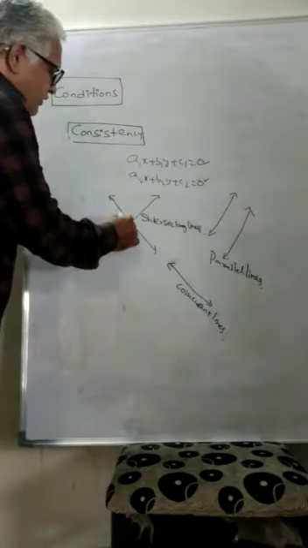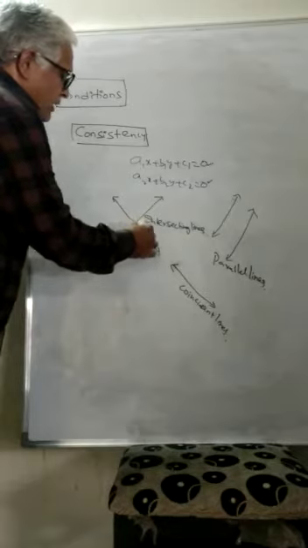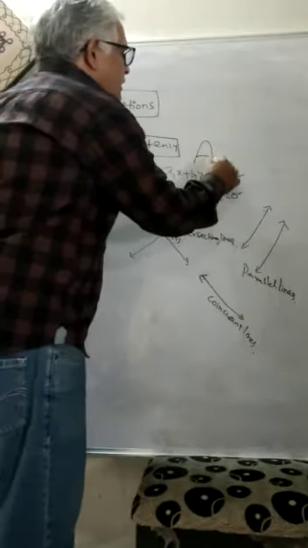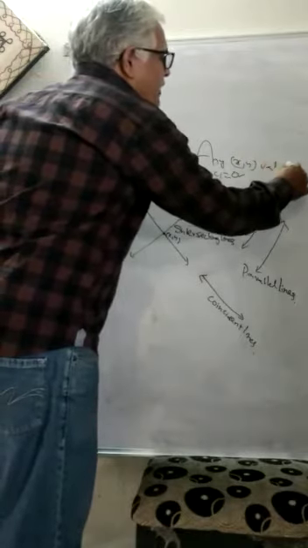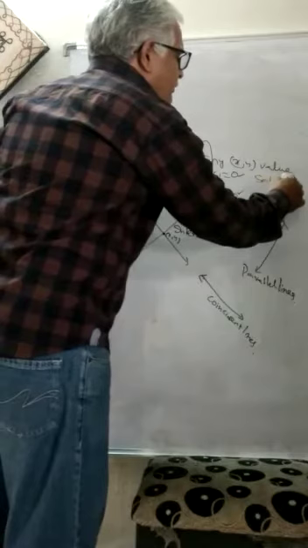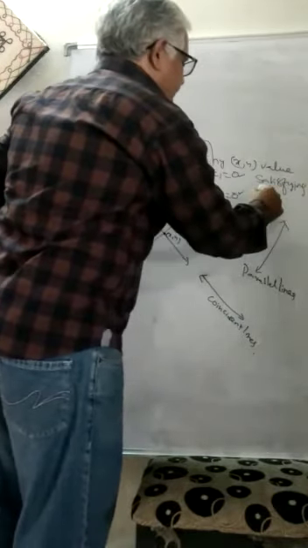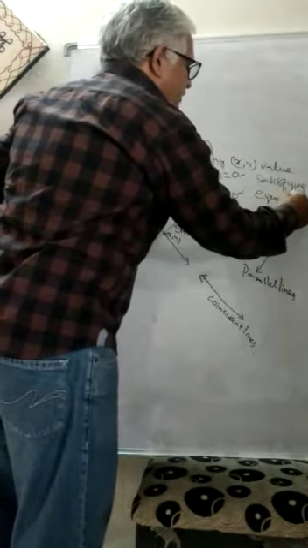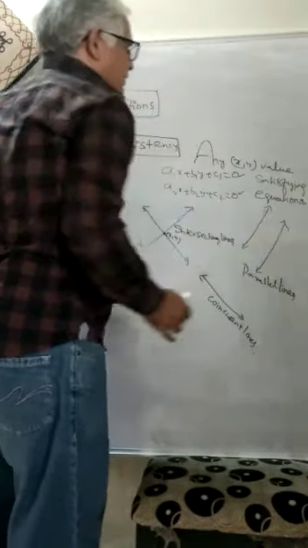So in this case, how many values of x and y satisfy both equations? Any x, y value satisfying the equations is called a solution.